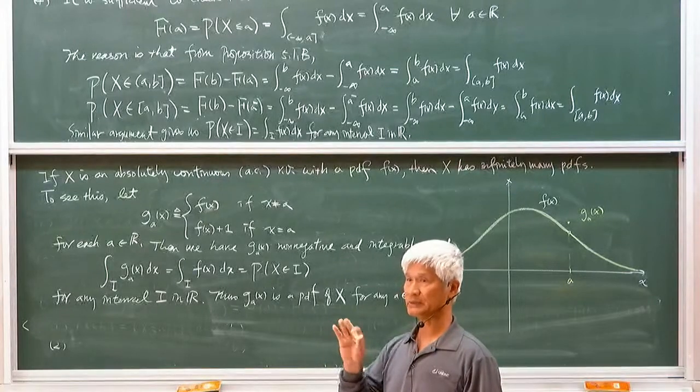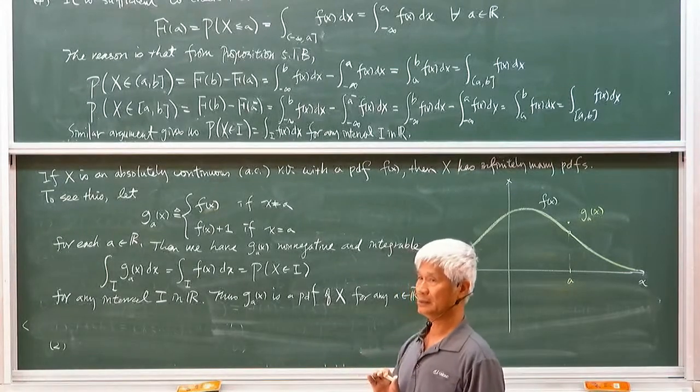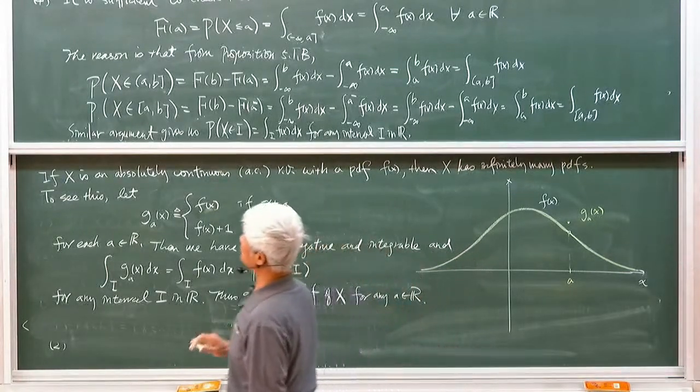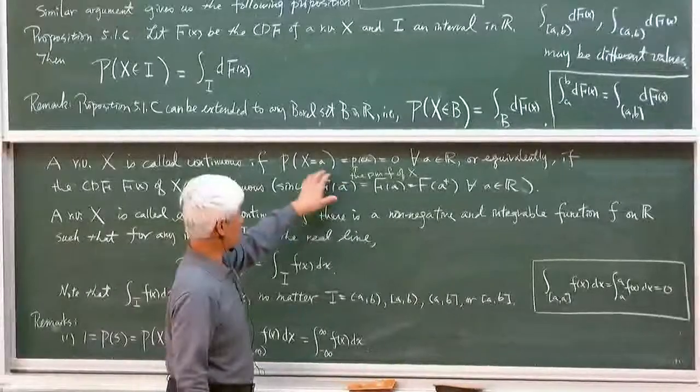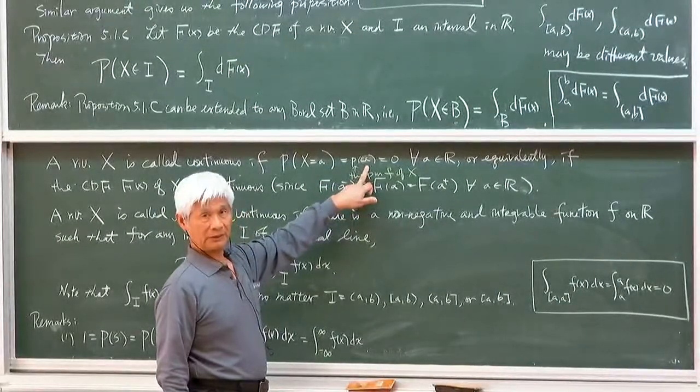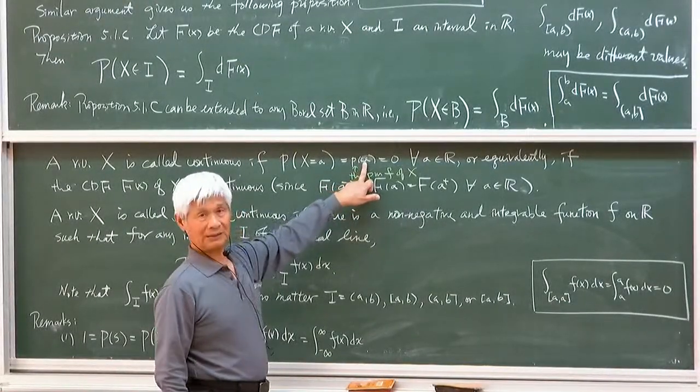Because by definition, we call a random variable continuous if this probability is 0, and this probability by our definition is just the PMF at a here.